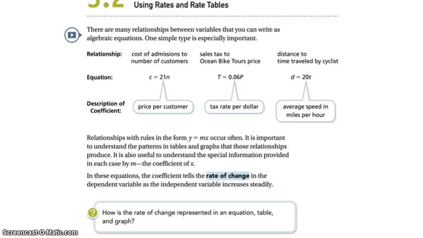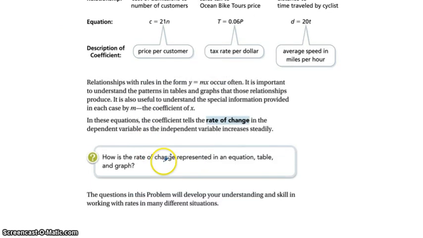And that m is going to be a constant rate of change. That coefficient of m is going to represent how x changes in terms of y. So we are going to simply look at a couple of different situations.